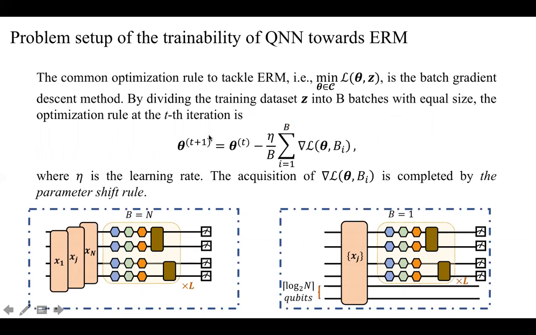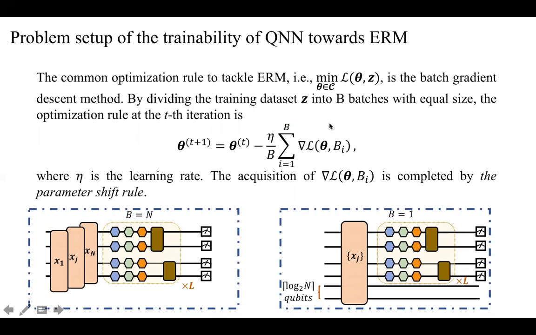The common optimization rule to tackle ERM is the batch gradient descent method. Specifically, by dividing the training dataset Z into B batches of equal size, the optimization rule at the t-th iteration is formulated by this equation. As we can see, the trainable parameter θ_t is updated to θ_{t+1} using this gradient.